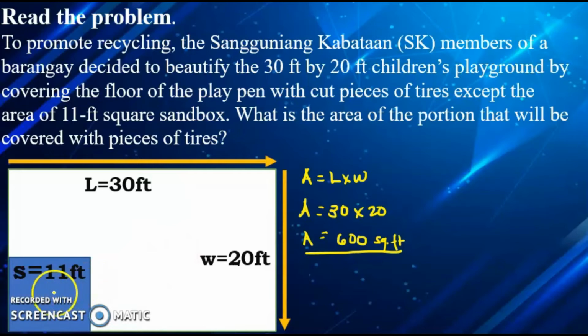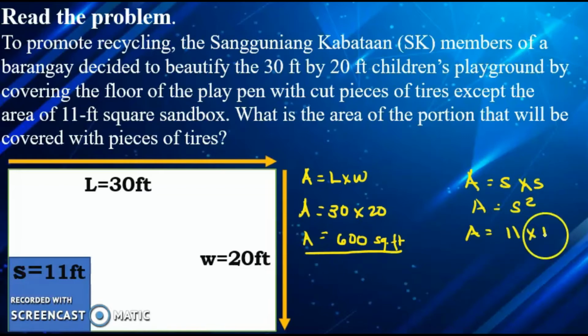So, solve natin naman yung area ng sandbox. So, area of sandbox, area is equal to S times S. Okay? Or, area is equal to S squared. So, kahit alin, pwede. So, area is equal to 11 feet times 11. Okay?